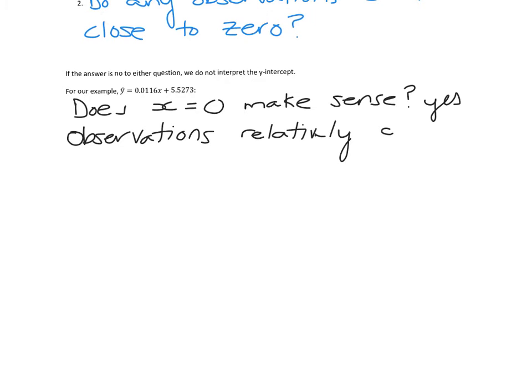If you look back, our data set ranges from 35 to 190, so like 35 to almost 200. In this case, I would say that's relatively close to 0, just given the span of our data. So we'll just say yes.